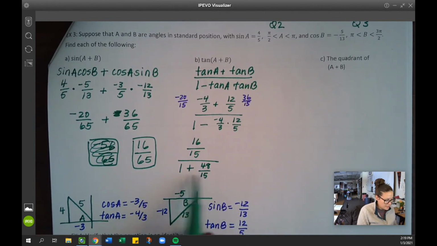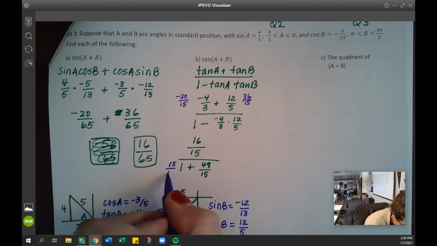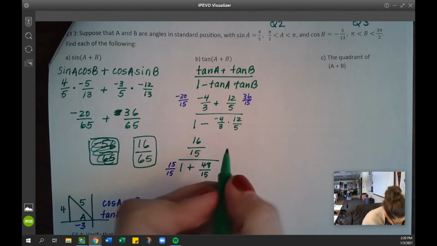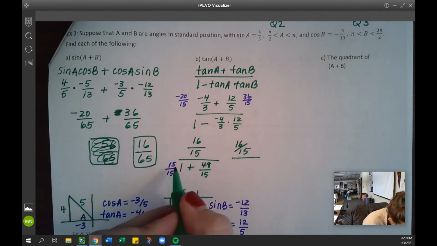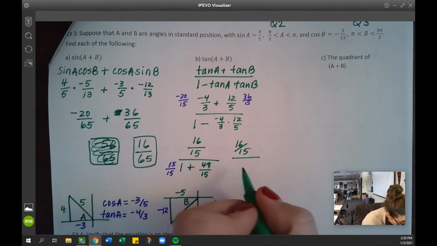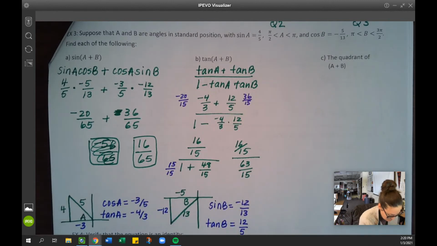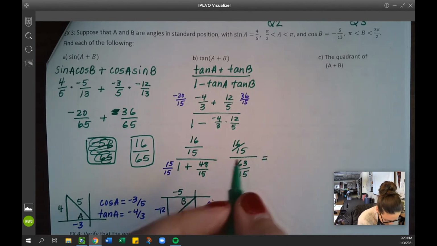Now to add these together, I'm going to think of 1 as 15 over 15, which gives me, on the top, I still have 16 over 15. 15 plus 48 is what, 63? When you divide fractions, that's the same thing as multiplying by the reciprocal.